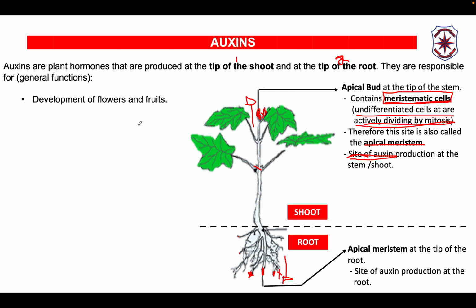The first main function is that auxins are important in the development of fruits, and development of flowers, which will ultimately become fruits. So for the development of fruits and flowers, auxins must be present in the plant.